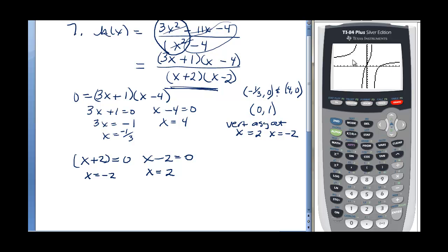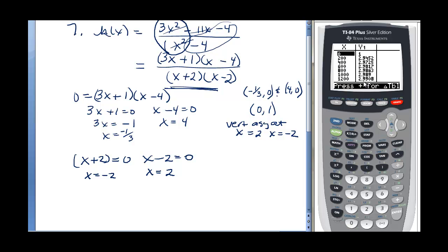So here, if we look and say, well, what about a horizontal asymptote? Let's look at our table. Maybe go to table setup and start at 1, but let's go up pretty quickly, by increments of 200, and look at the table and see what it's doing.